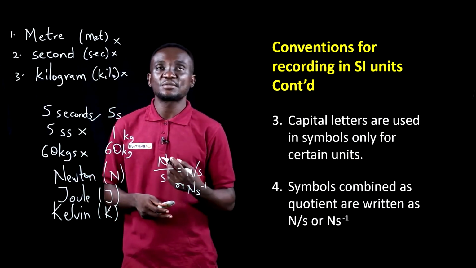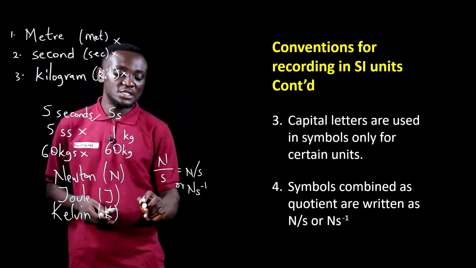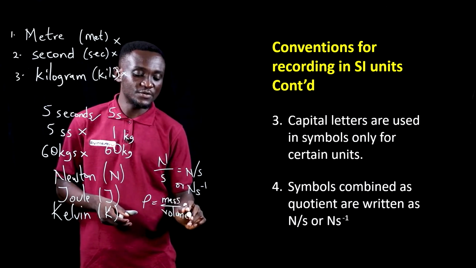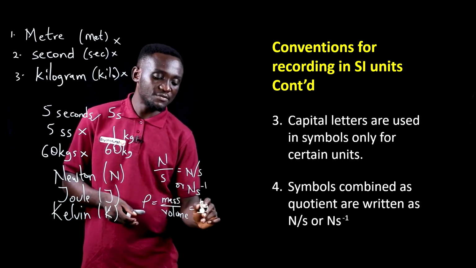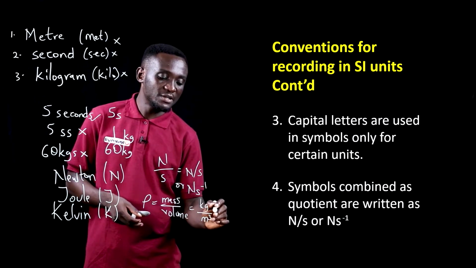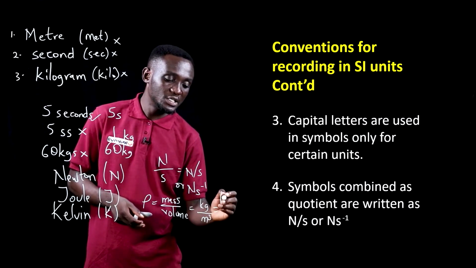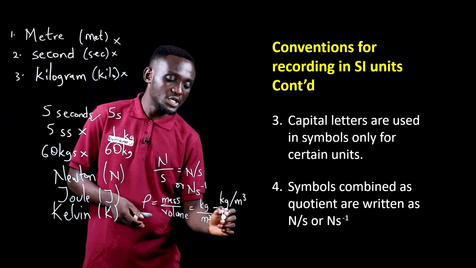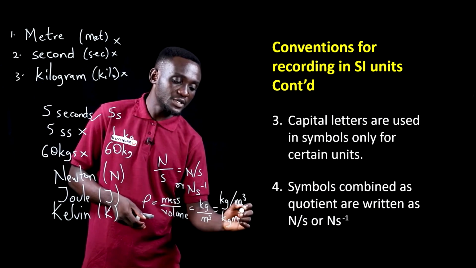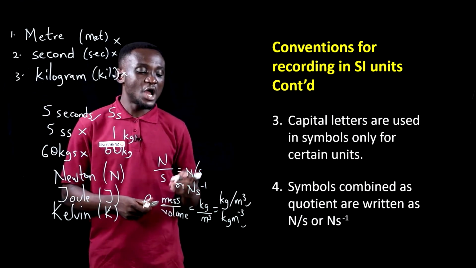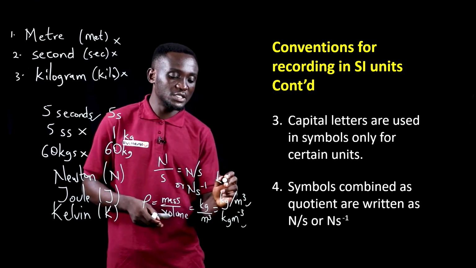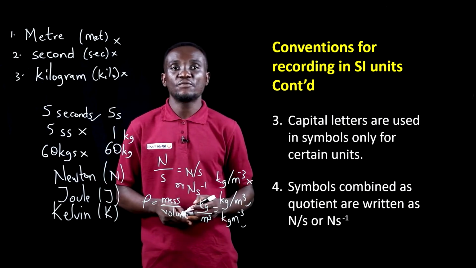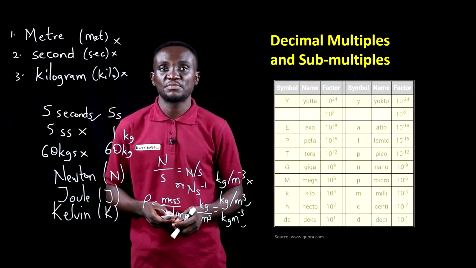If we're finding density of a substance, for example, where we saw that density is equal to the mass over the volume, and we've seen that the unit for measuring mass is kilogram, and that for measuring volume is meter cube, then the final unit becomes kg/m raised to the power 3 or kg m raised to the power -3. We accept any of these forms. However, do not combine both. So kg/m raised to the power -3 is wrong. We don't combine both the / and the negative exponent.